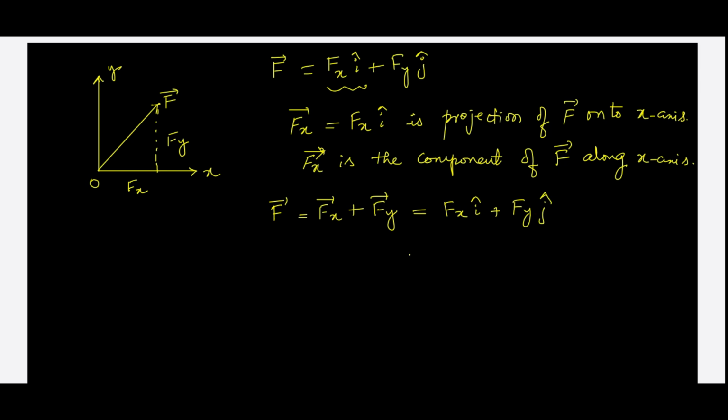I can also choose two different unit vectors or axes. I'll call this the u axis and I'll call this the v axis.